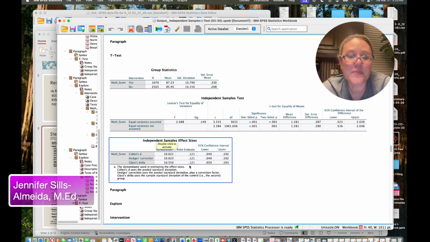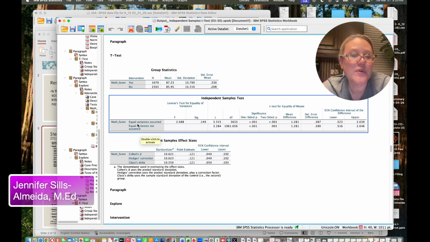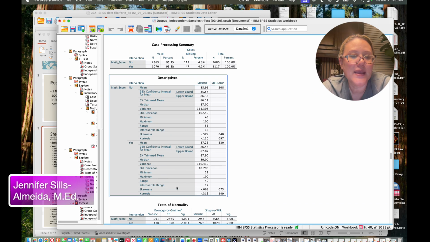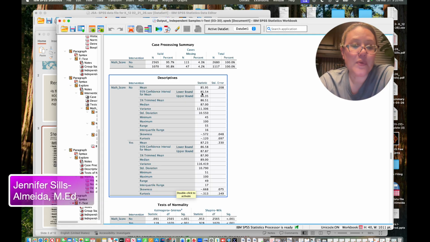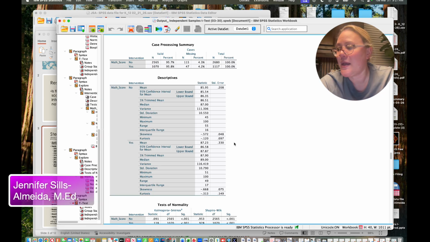In the independent samples test, we're talking about equal variances, and here you can see the difference between the means of the groups with no intervention and with intervention is slightly higher, and the skewness was brought down by having that transformed variable.